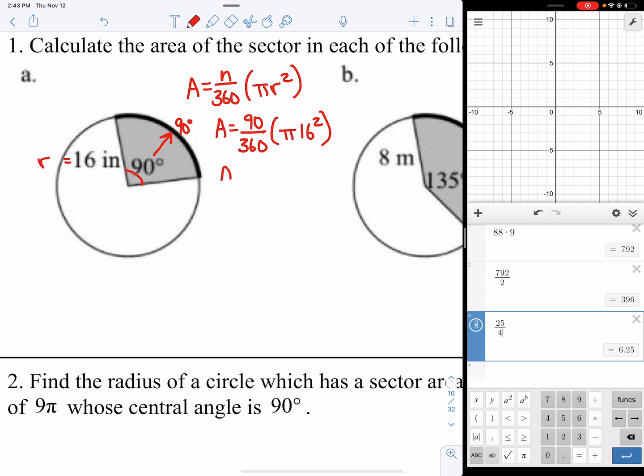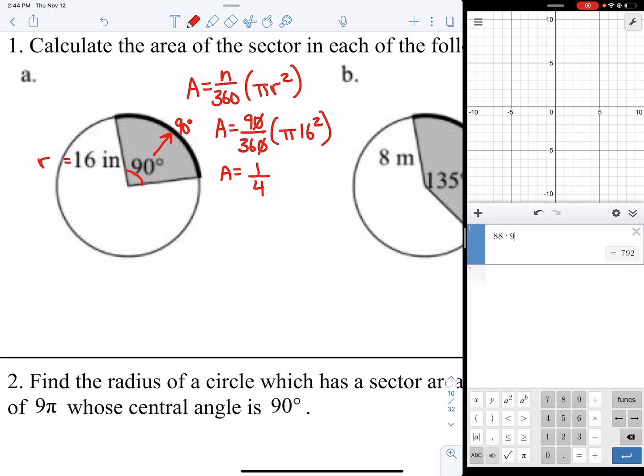All right, so 90 over 360 reduces to be 1 over 4. We can cancel out the 0, and we can see 9 over 36 is equal to 1 over 4. And then we have 16 squared. 16 squared would be, let's see, 256.